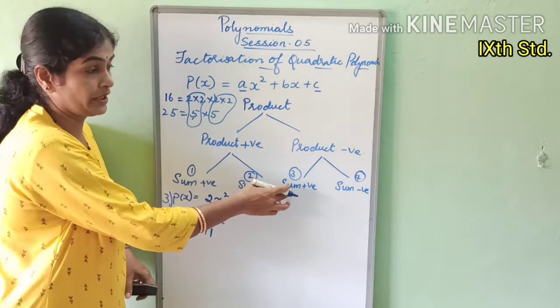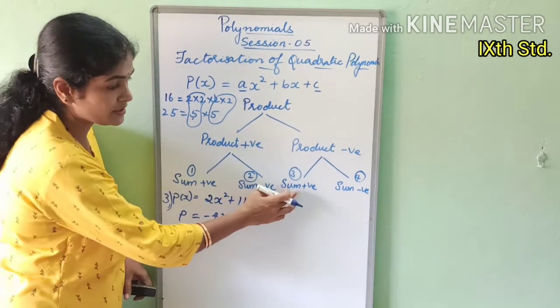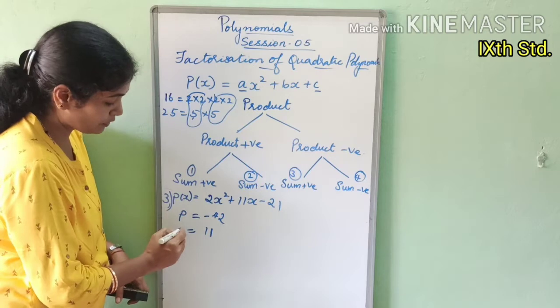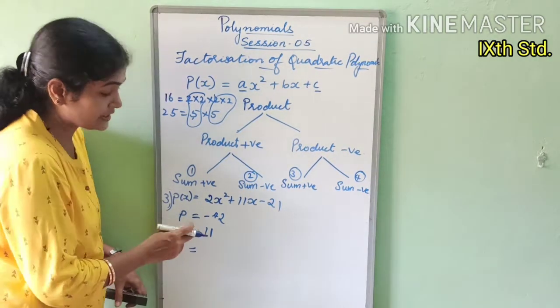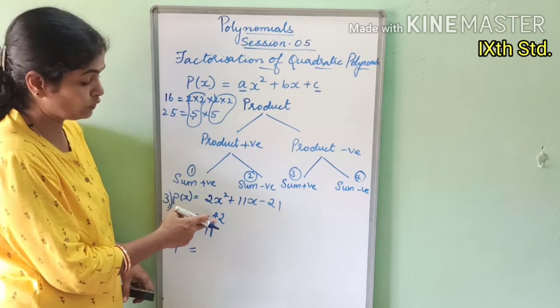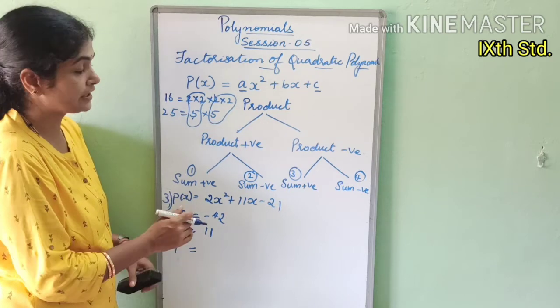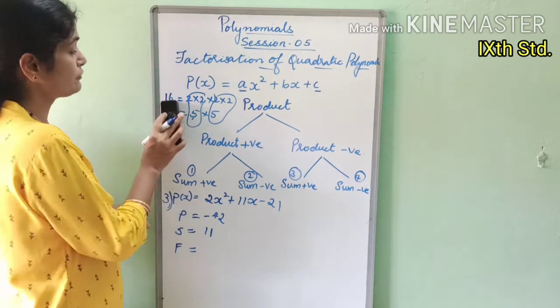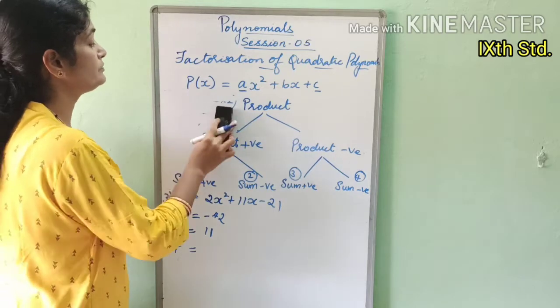Third type we are doing, when the product is negative and the sum is positive. Now find out the factors such that when you multiply you get 42, and when you take the difference or the sum of that you should get 11.